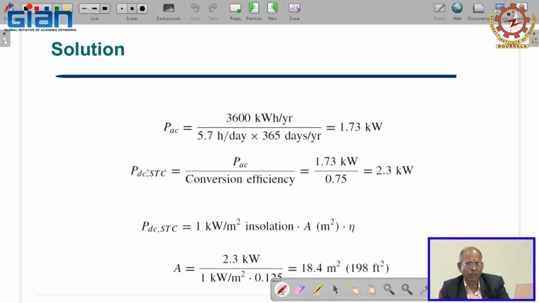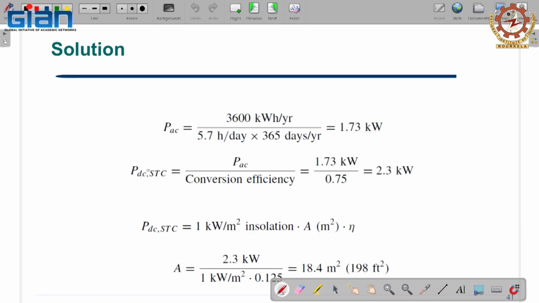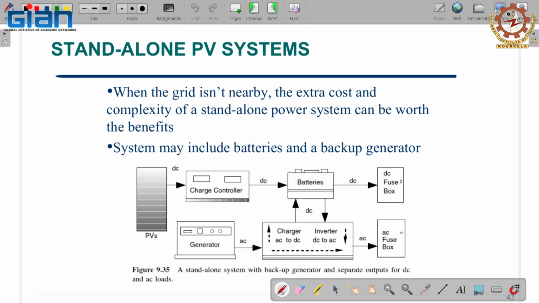So it gives us the DC power rating, and then based on that you can calculate for this much power how much area will be required, knowing the size of the PV panel and considering the other space conditions.